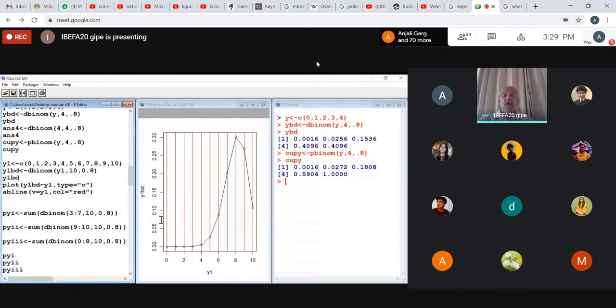So you know now the graph, and you know how to find probability by two functions. Two functions you have learned.